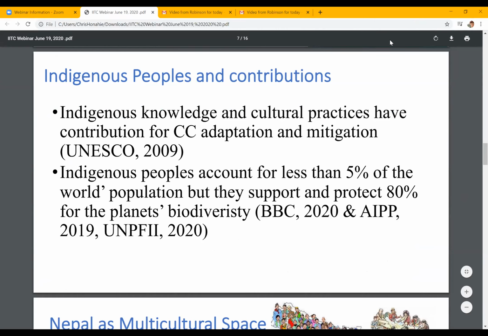We are also aware that the small population of indigenous people around the world are already contributing to protecting more than 80% of the world's biodiversity, and also contributing to climate change adaptation and mitigation. This is the reality: indigenous peoples are at the forefront of the impacts of climate change, facing challenges in protecting our knowledge, practices, skills and livelihoods, yet we are contributors to climate change resilience.